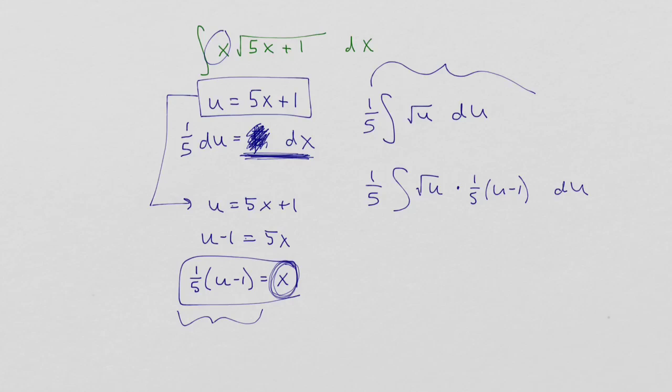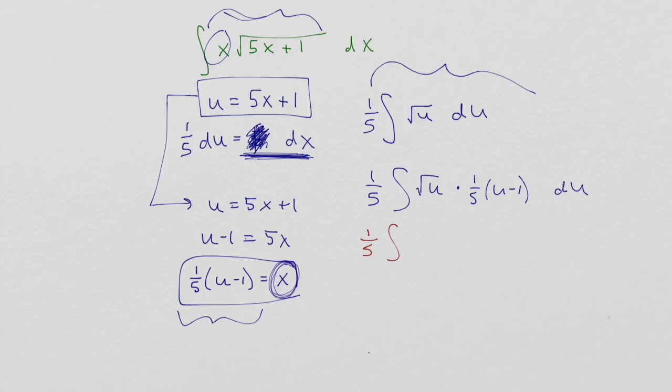And I would actually disagree. This is going to end up being simpler because I can turn this into a power function, which we'll see in just a minute, which I could not do with this original function speaking the x language.